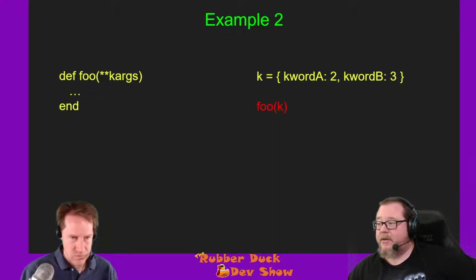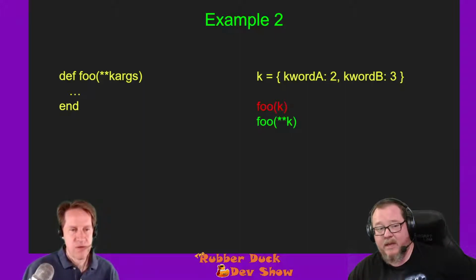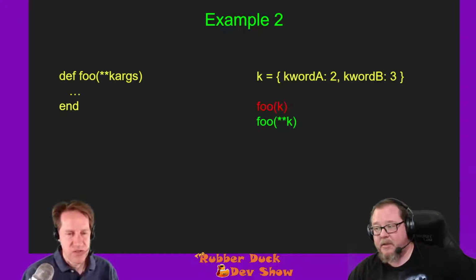And I used to, in 2.7, be able to call foo k, and that doesn't work anymore in 3. So I have to double splat the k here too. So regardless of how I've defined this foo, as like this, or specifically with the keywords listed out, I have to double splat.